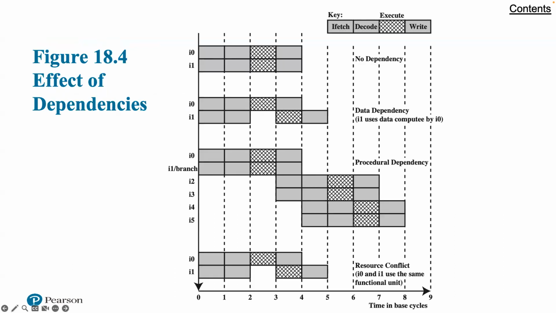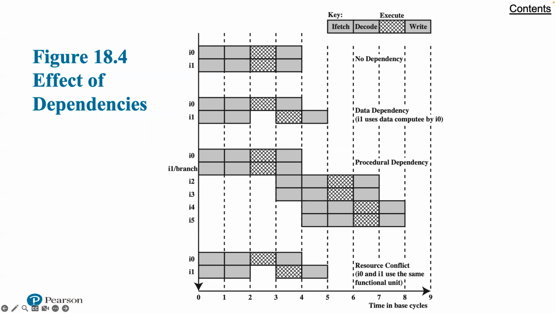Consider the following sequence: ADD EAX, ECX, which loads register EAX with the contents of ECX plus the contents of EAX. Next, we have MOV EBX, EAX. This loads EBX with the contents of EAX.